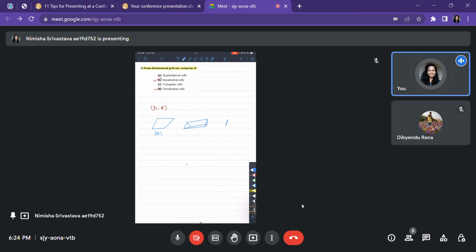Then you have triangular, which you already know. It's like a triangle. Then finally we have the tetrahedral cells. So tetrahedral cells are also 3D.